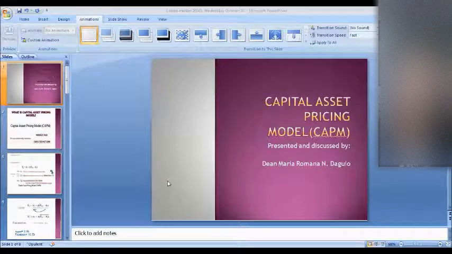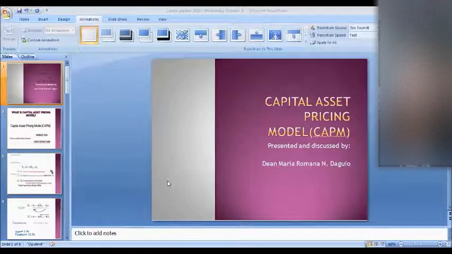As to the objectives of our lesson for today, we are going to discuss the definition of CAPM, or the capital asset pricing model. We try to determine where we are going to use this, and how to compute the CAPM.